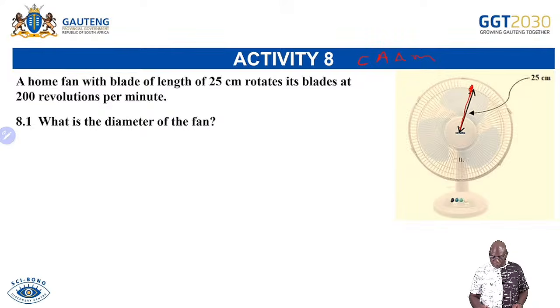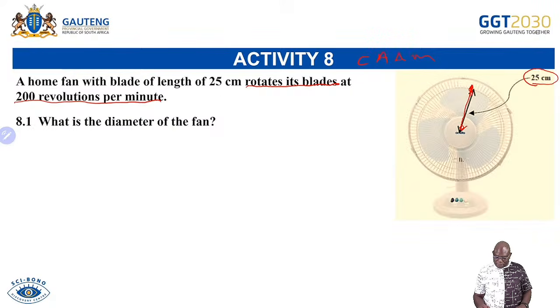See, from here to there, it's a diameter of 25 centimeters. It's in centimeters. Now it says it rotates its blade at 200 revolutions per minute. This fan is rotating, bringing in cooler air in your room. What is the diameter of the fan?